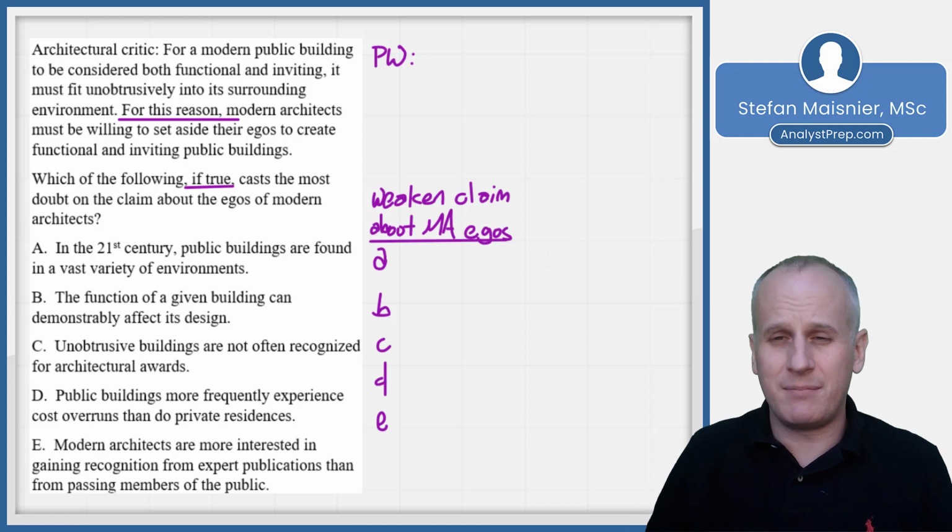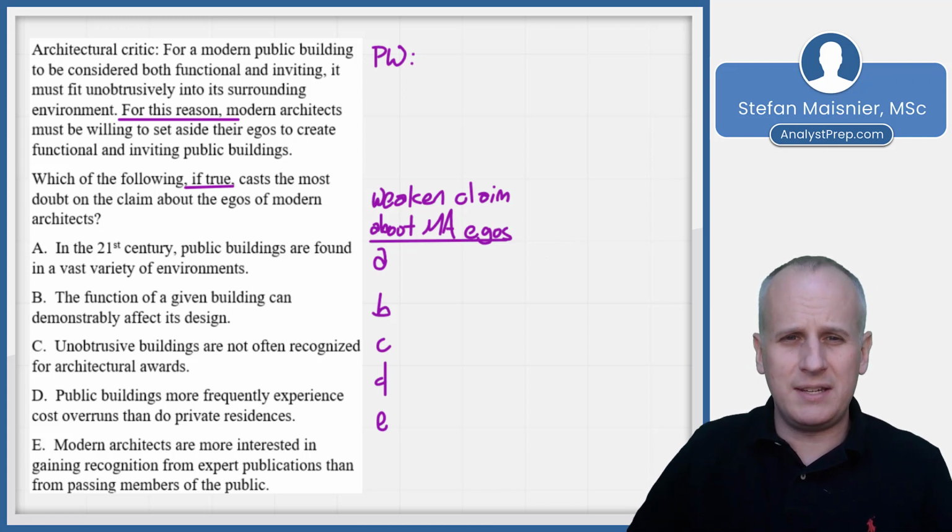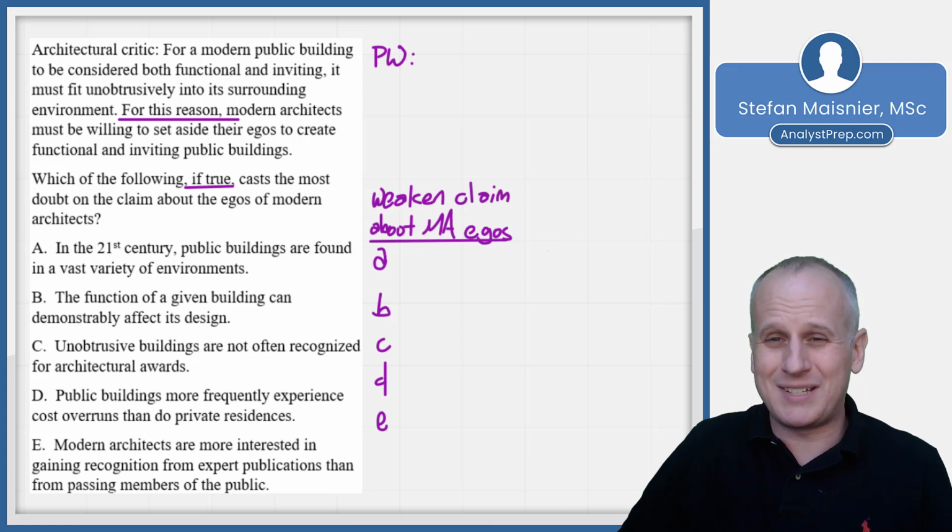So for this reason indicates a causality. So we can see that it's basically saying that because it has to fit unobtrusively, they have to set aside their egos. So our predicted weaken is basically to attack that causality.